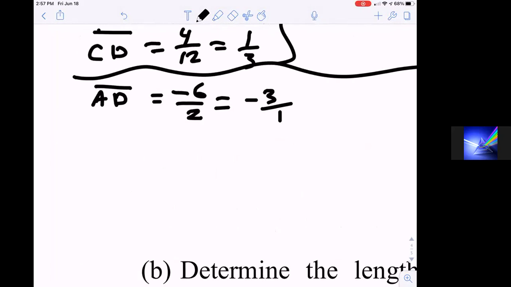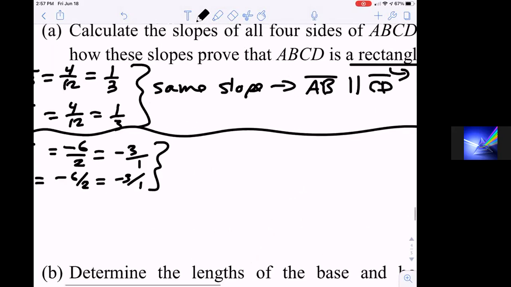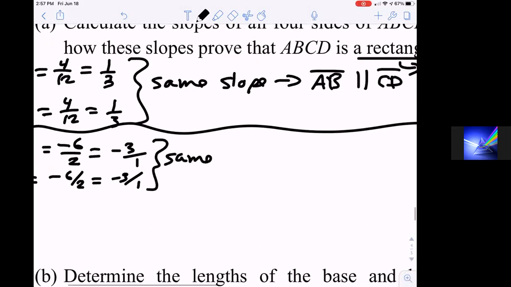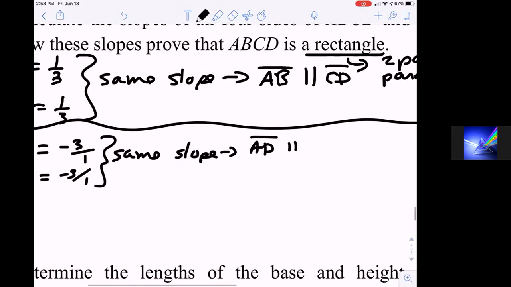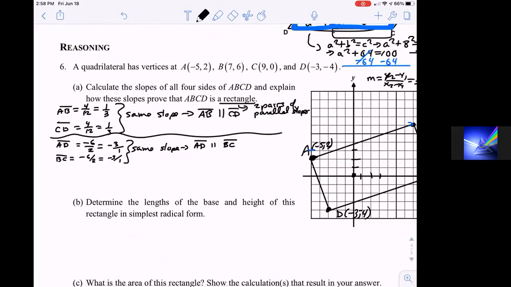Okay, now BC is also down 6 over 2, which is a slope of -3 over 1. And again, what do we have here? We have same slope, which tells you AD is parallel to BC.